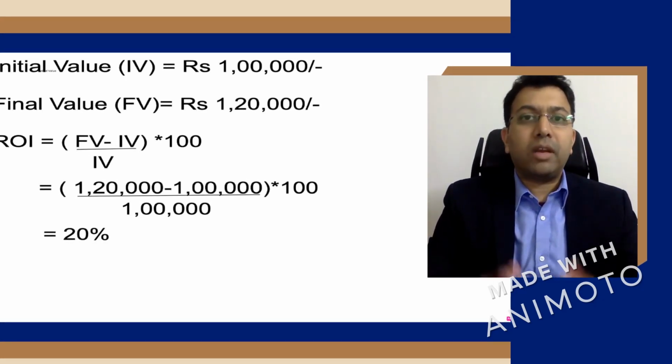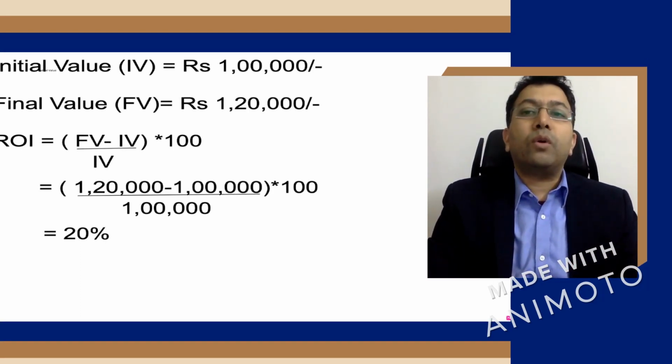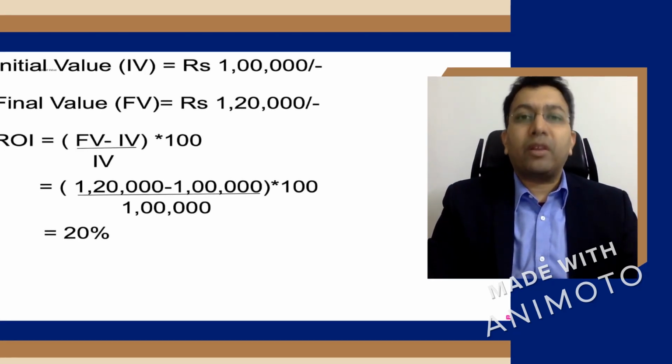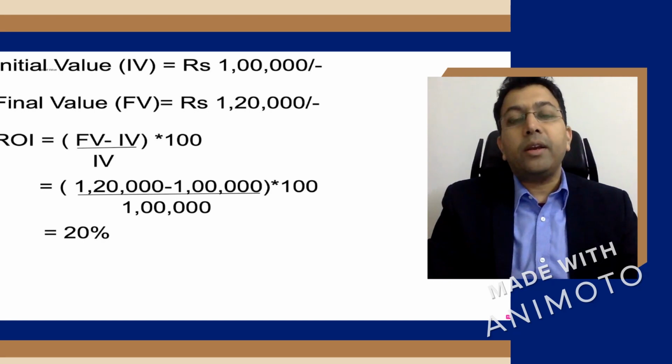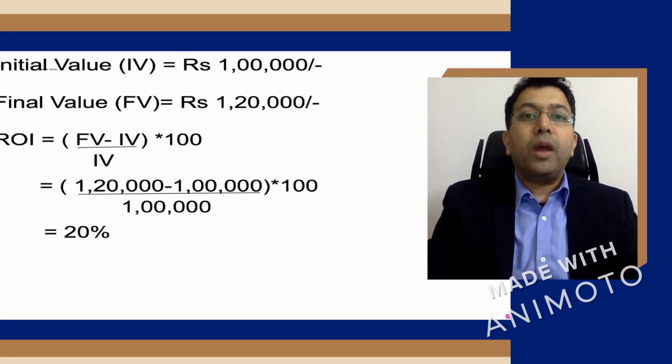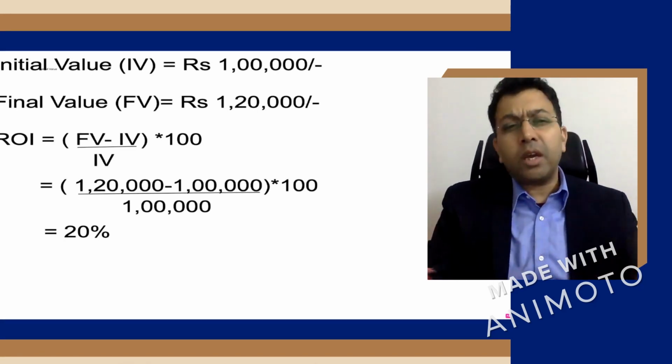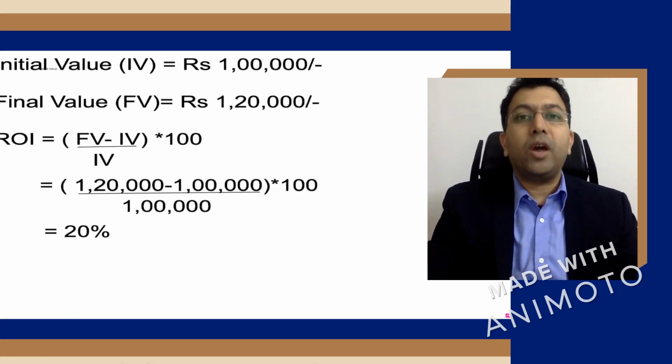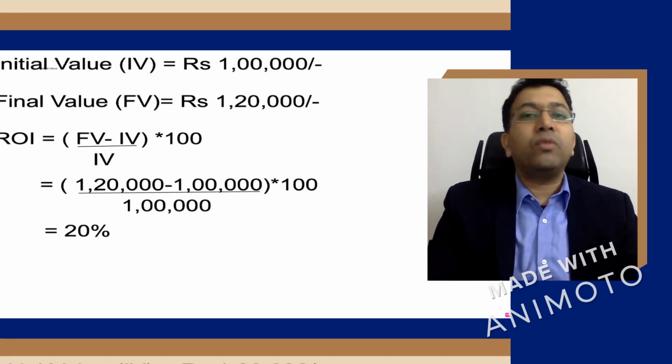So let's take an example to understand it in a better manner. Suppose on a particular date, you bought 1 lakh rupees of XYZ mutual fund, and so this value of 1 lakh becomes your initial value, and a year after or so you want to see how much your investment has grown, and you check your fund value right now is 1,20,000.